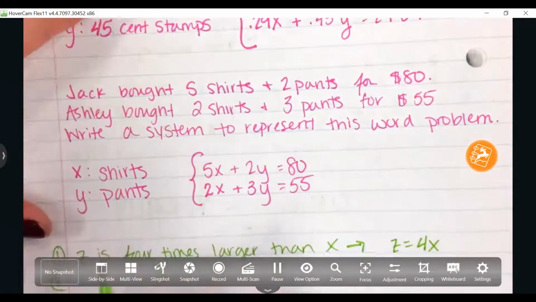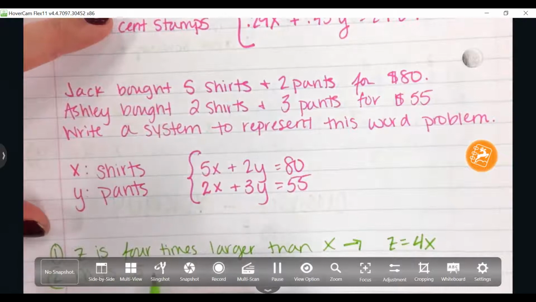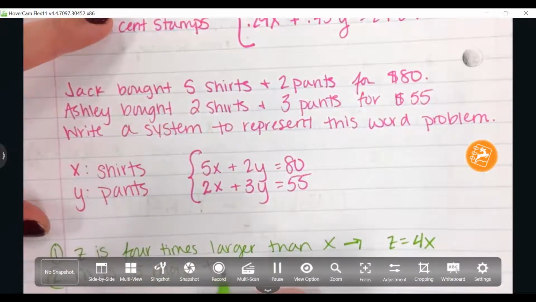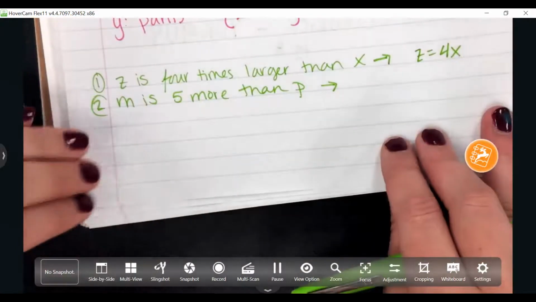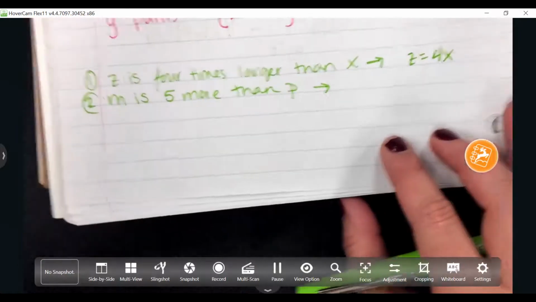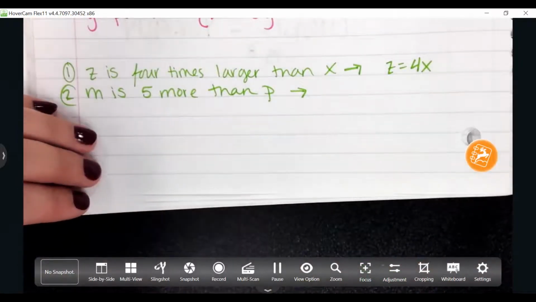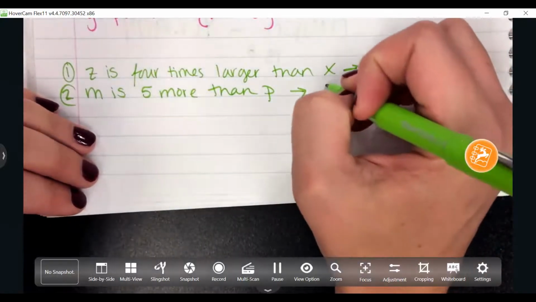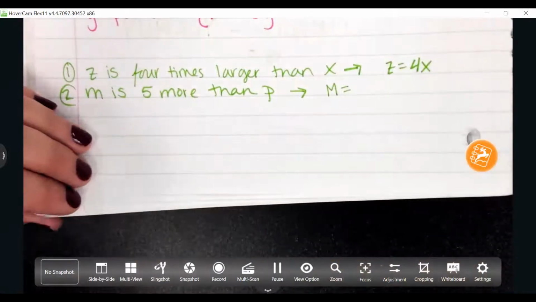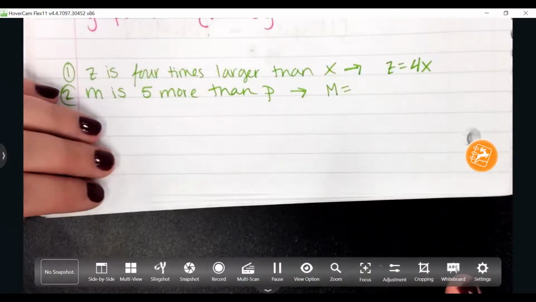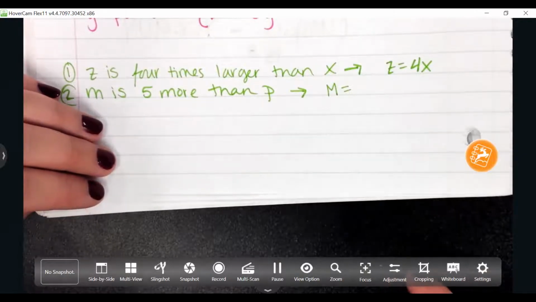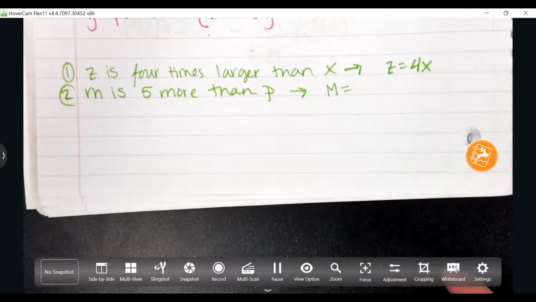Number 2. M is 5 more than P. How am I going to write that? M equals what? No, it's not 5 times P. 5 plus P. Listen right now.